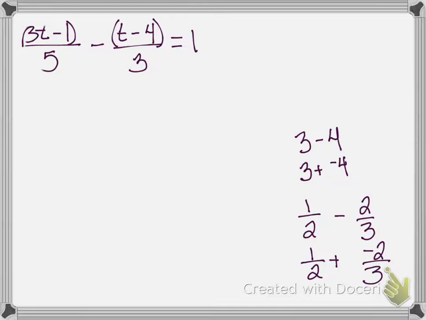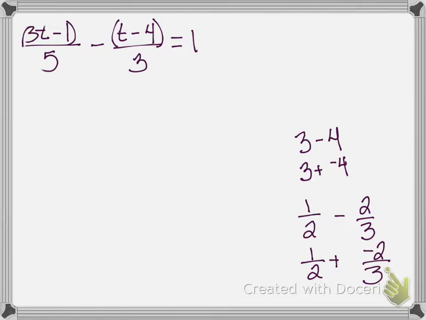Yes, you can. That's what I want you to do with this minus in between my two terms. The minus sign belongs to all of t minus 4, and we're going to have to distribute that negative. If you don't move that negative to the numerator, you are likely going to forget it exists.